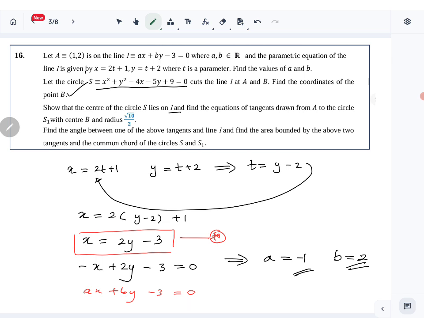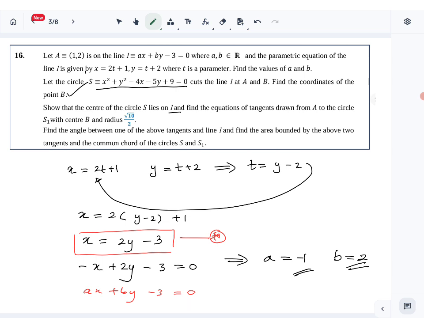So the center is on that line. So that is a line going through the center. So then A and B are what? A and B should be the endpoints of a diameter, right? If this is also going through the center.